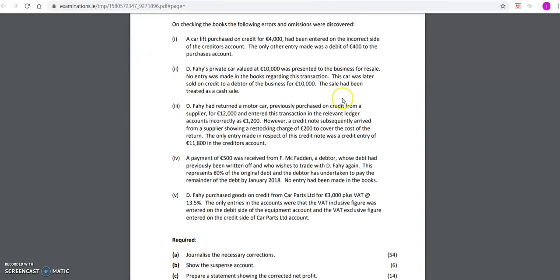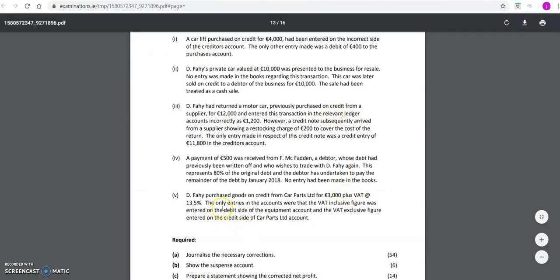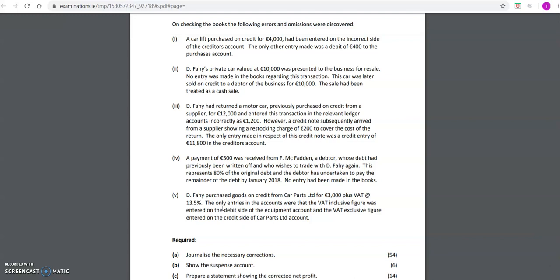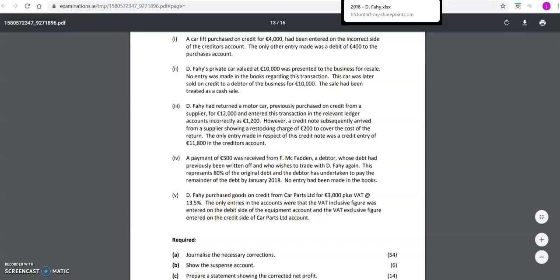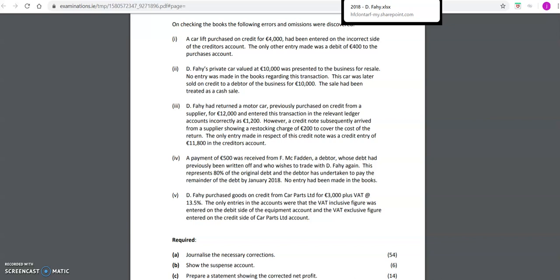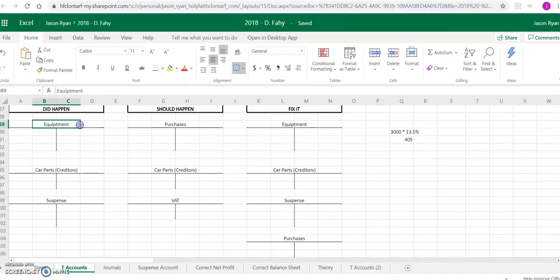That's what should have happened. What did happen then? The only entries in the accounts were that the VAT inclusive figure was entered into the debit side of the VAT account, and the VAT exclusive figure on the credit side of Car Parts.